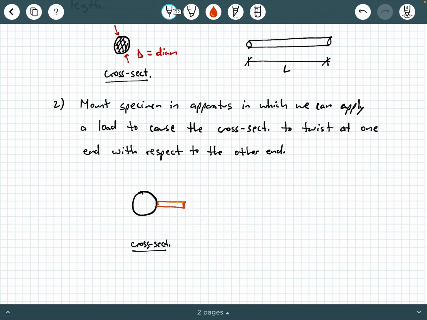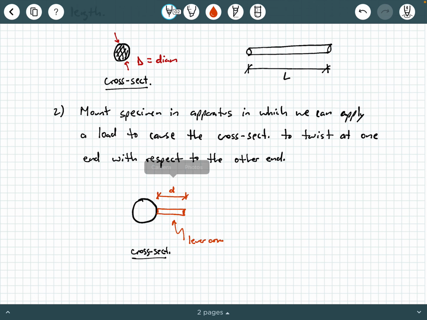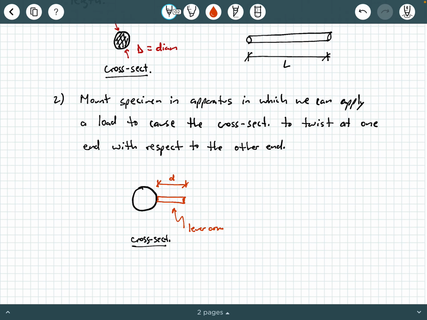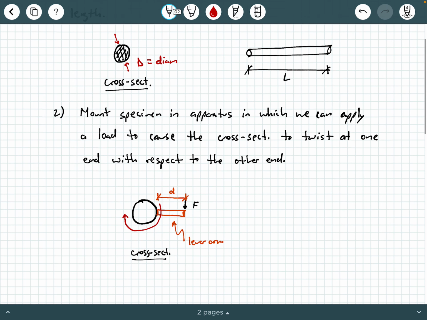I'm going to put this little bar here, and this is called a lever arm. It's going to have some length, little d. Now, you apply a force at the end of the lever arm. Let's call that force F. That will cause your specimen to tend to twist and rotate.